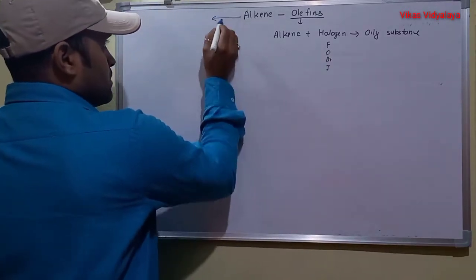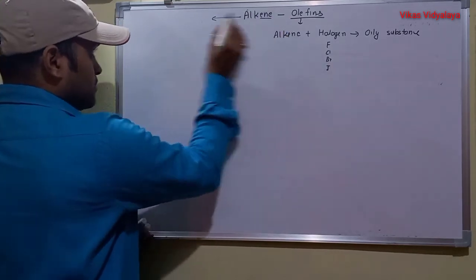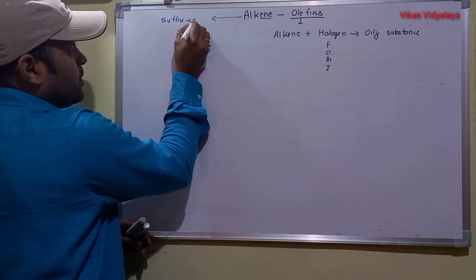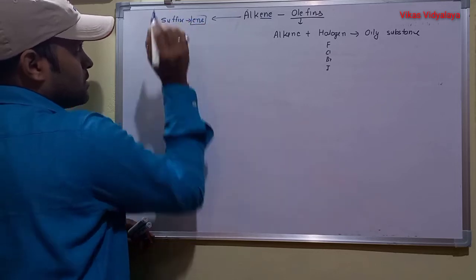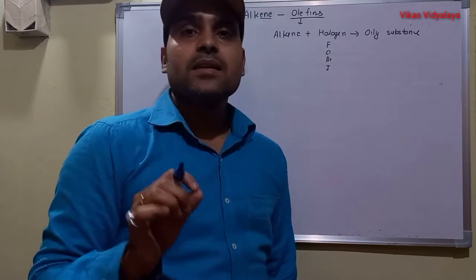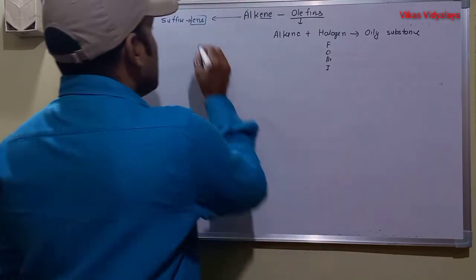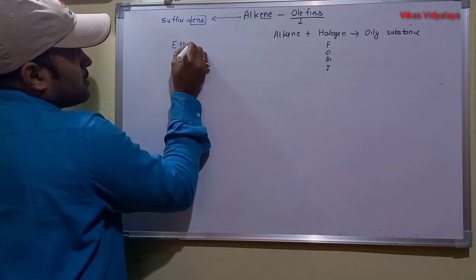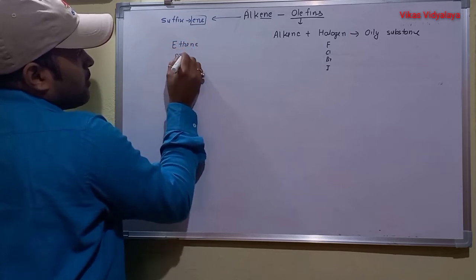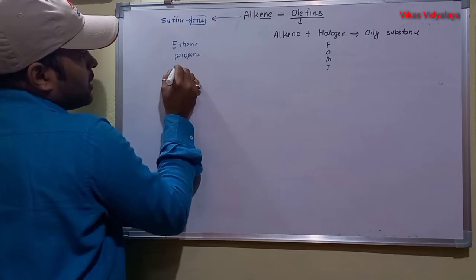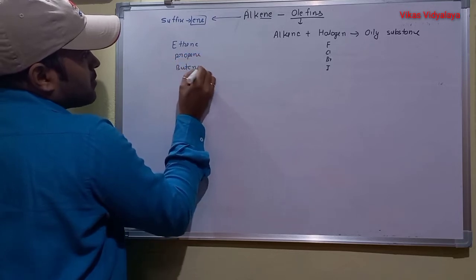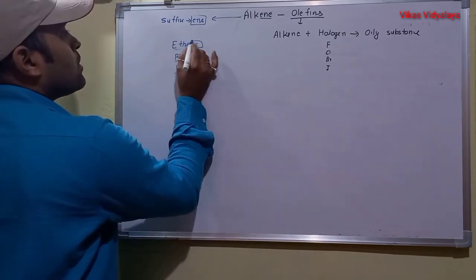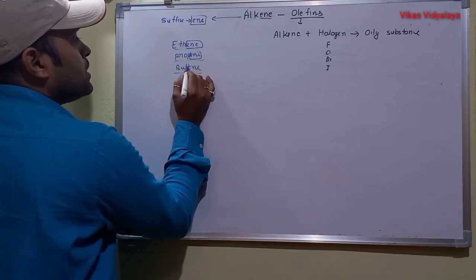Next thing about this is the suffix will be ene. All the members of alkene will have the suffix ene, like ethene, propene, butene. These are examples in which all the members have ene.